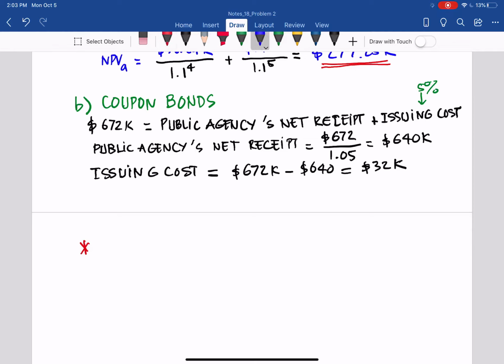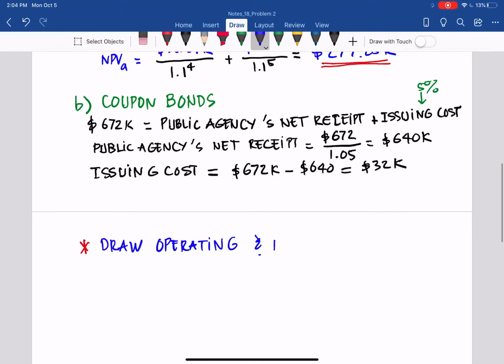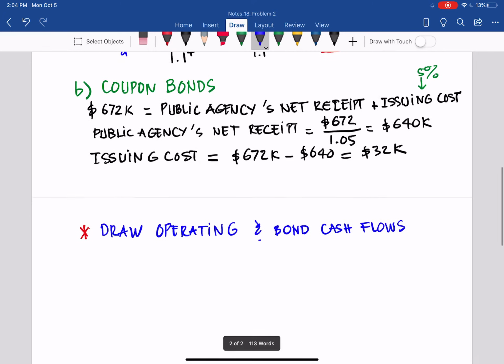So we can draw the operating and bond cash flow diagram for each.